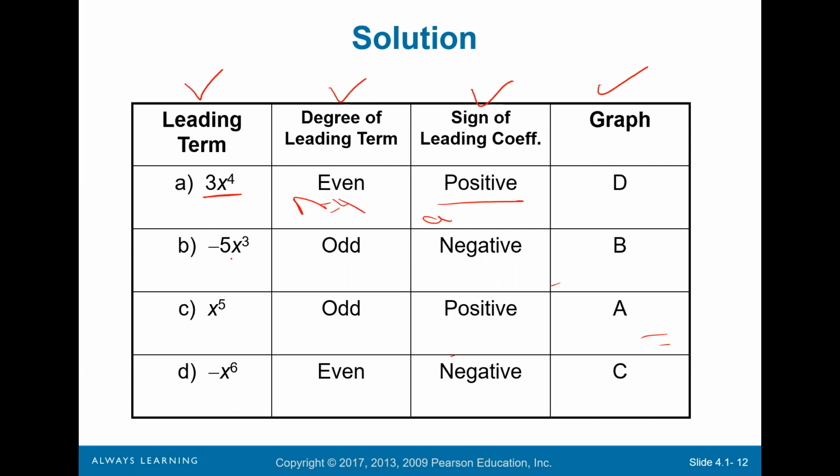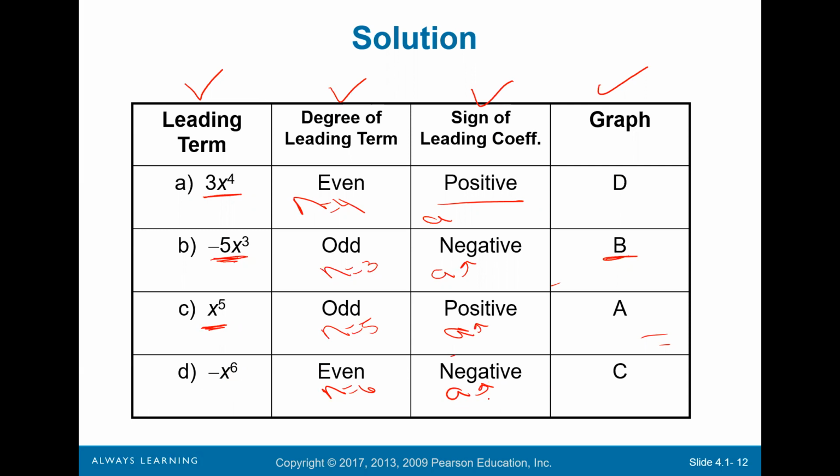So it was graph D. The leading term for B is -5x cubed, and the n value is 3, so it was odd, and A was negative, so it was graph B. The leading term for C is x to the 5th, n is 5, which is odd, and A is positive, so we picked graph A. For D, the leading term is -x to the 6th, and n is 6, which is even. My A is negative, so we picked graph C.